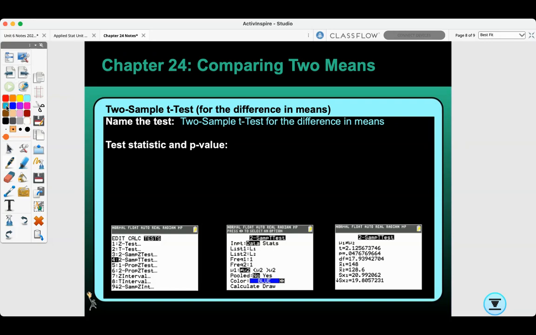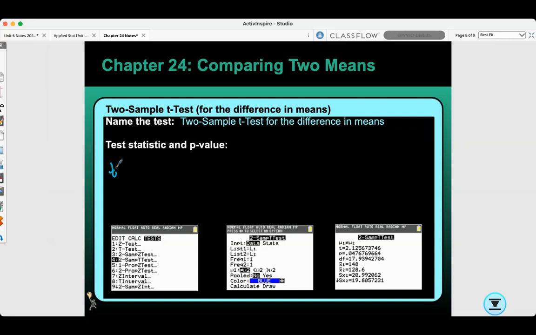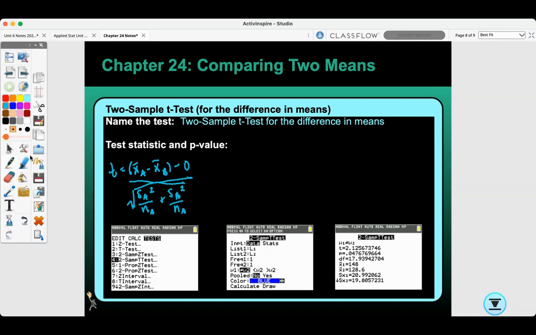So the test statistic is t equals x bar A minus x bar B minus 0, because that's usually your null hypothesis, mu A minus mu B, which is 0, all over the square root of the standard deviation of A squared divided by the number in sample A plus the standard deviation of plane B squared divided by the number in sample B. So again, you can put this in your calculator and then plug it into your formula.